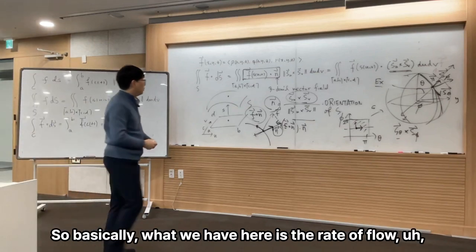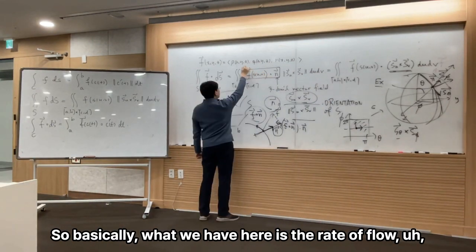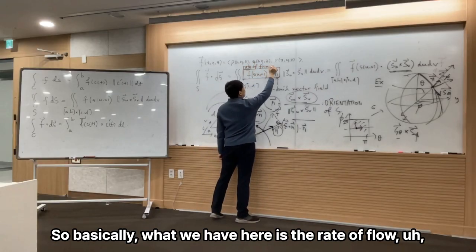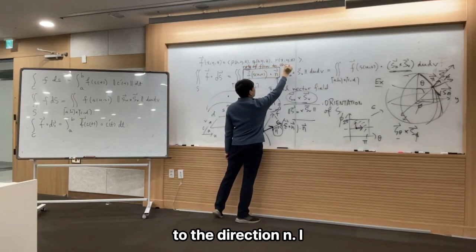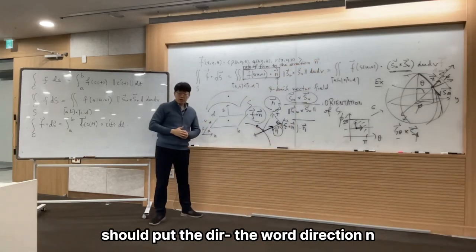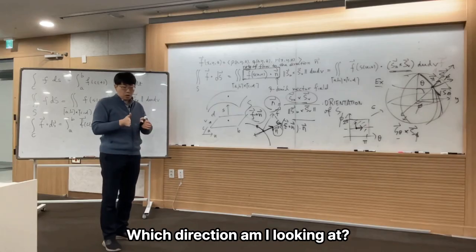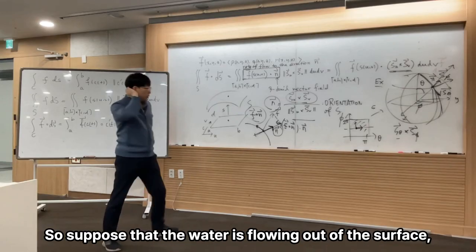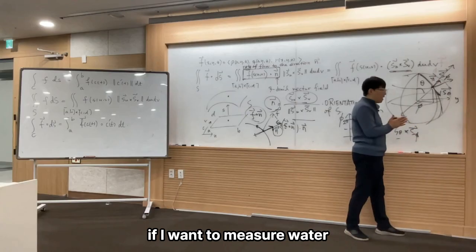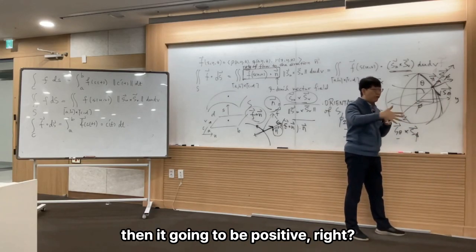So basically, what we have here is the rate of flow in the direction n. I should put the words direction n because it depends on which direction I'm looking at. Suppose that the water is flowing out of the surface. If I want to measure water actually going out, then it's going to be positive, right?